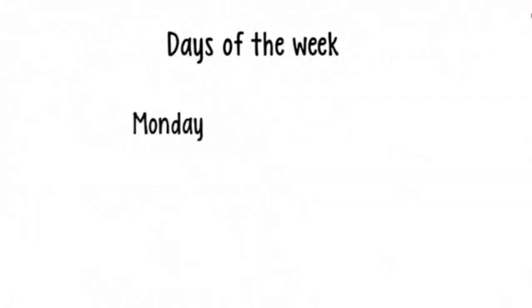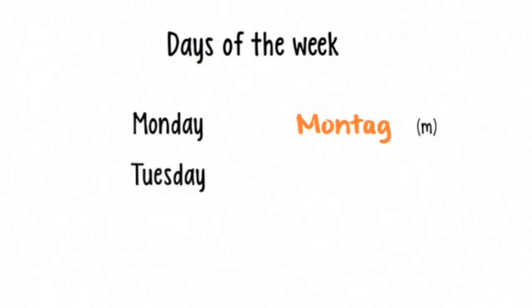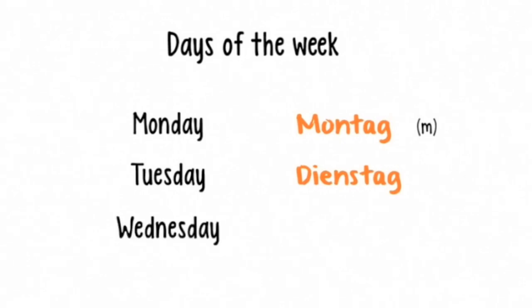Let's start with the first day, Monday. Montag, which is masculine, der Montag. The days of the week are all masculine, therefore it's easy to remember. Let's continue with Tuesday, Dienstag, der Dienstag. Wednesday, Mittwoch, der Mittwoch.